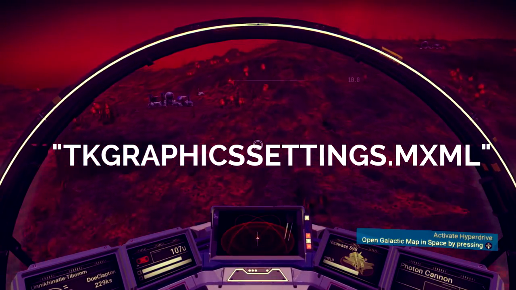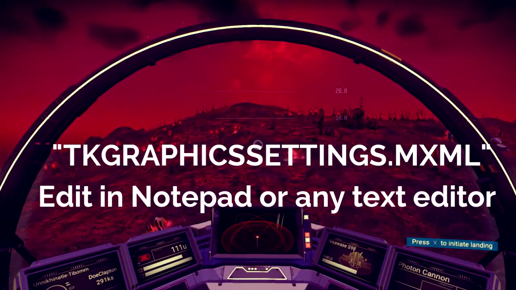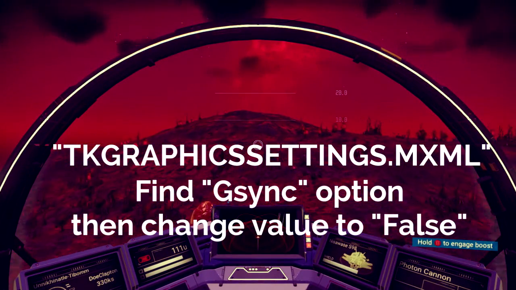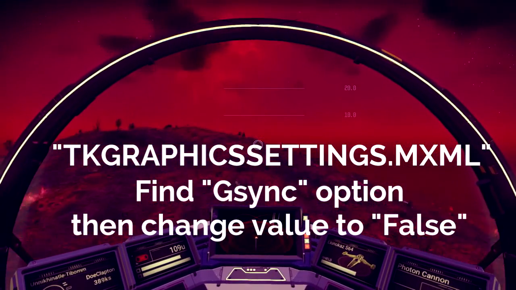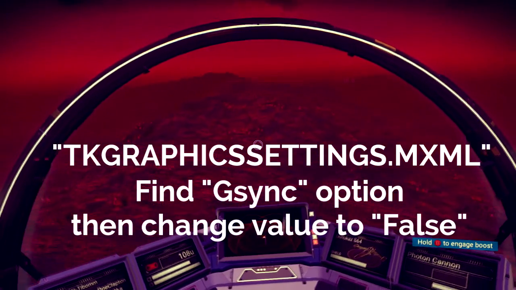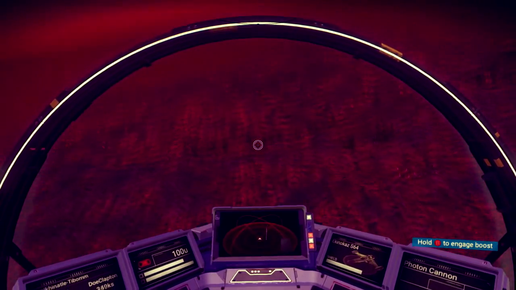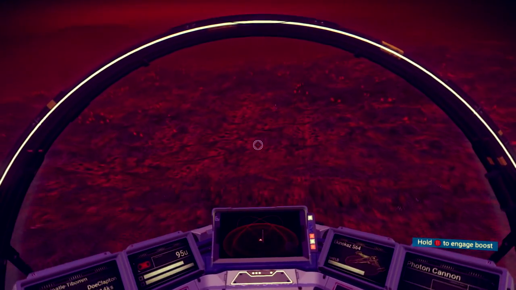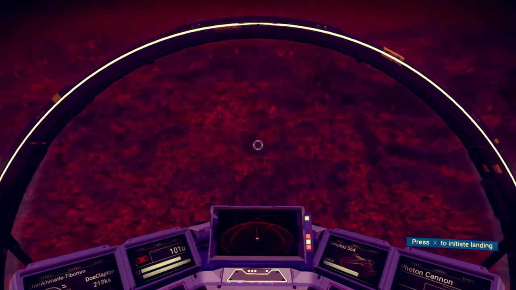And then you have to open it in Notepad and find the G-Sync option there, which is coded as true, which is very surprisingly weird, because why would a developer default to a true value for a G-Sync option that only applies to G-Sync specific monitors in the first place? It's mind-boggling.